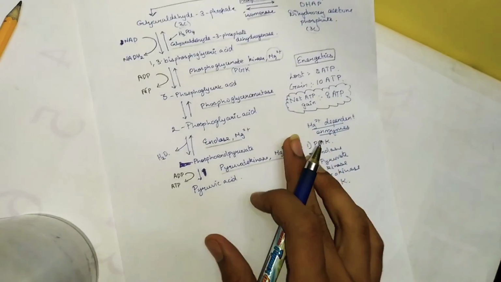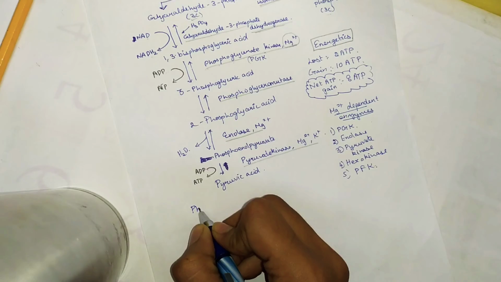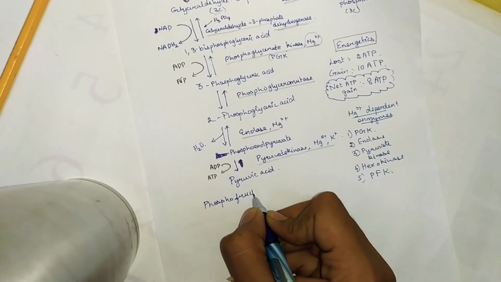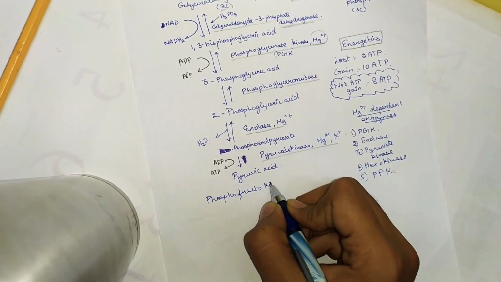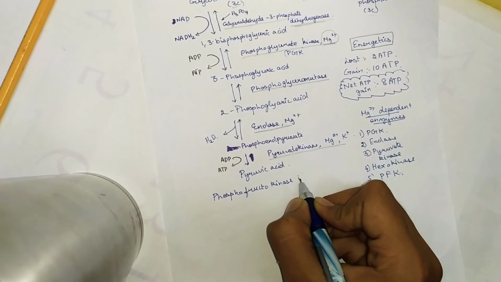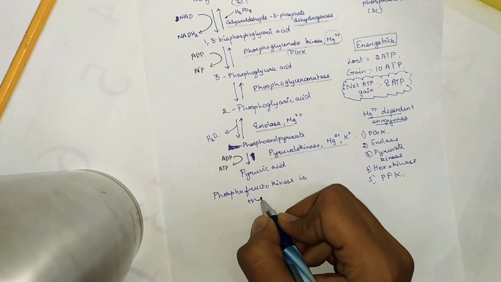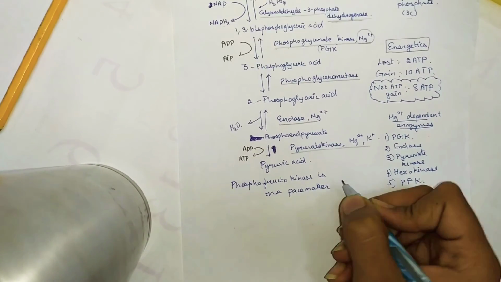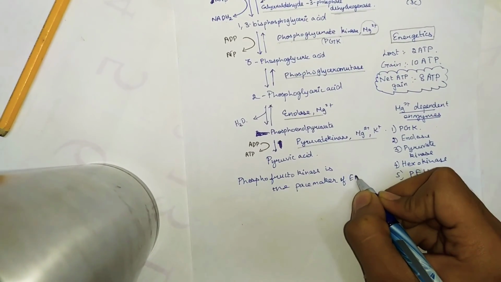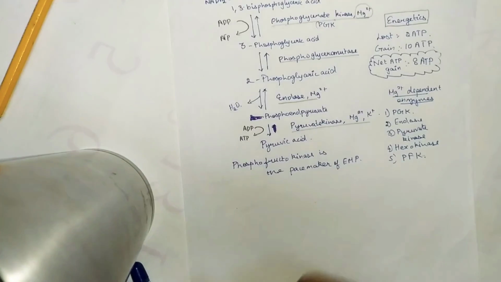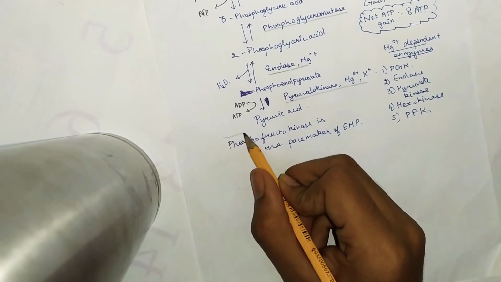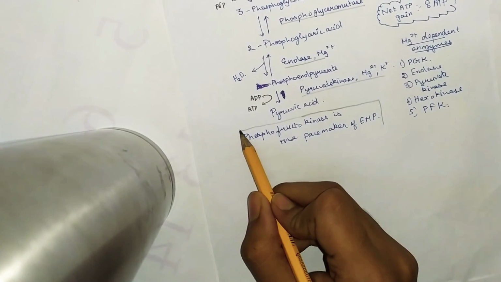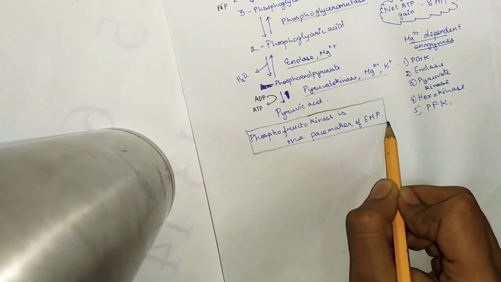And one more thing, friends, phosphofructokinase is the pacemaker of EMP or glycolysis. Okay, this question is important. Phosphofructokinase is the pacemaker of the EMP pathway.